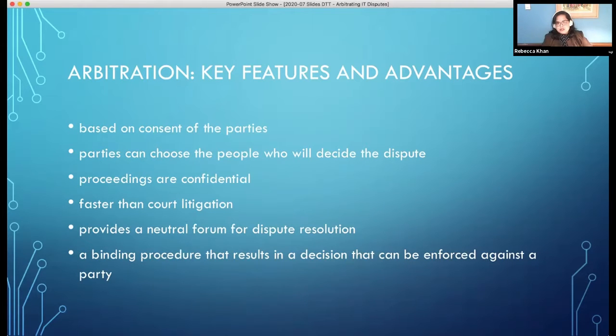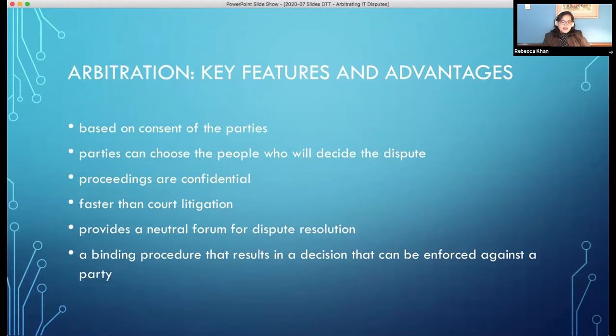So you have your arbitration clause as part of the contract, or a dispute resolution clause, which happens before a dispute even happens, even before the project is embarked on. And then you have the potential to make a submission agreement. This is a subsequent agreement between the parties to submit the dispute to arbitration, just in case the contract did not contain an arbitration clause.